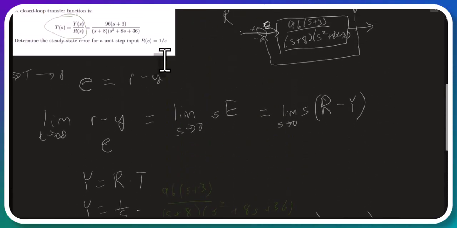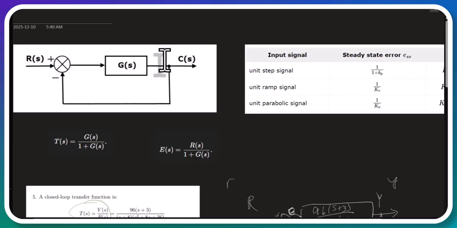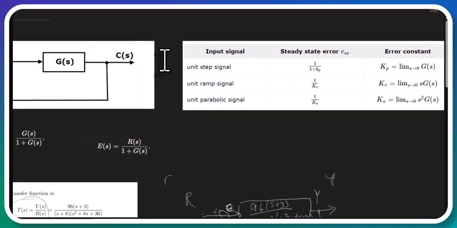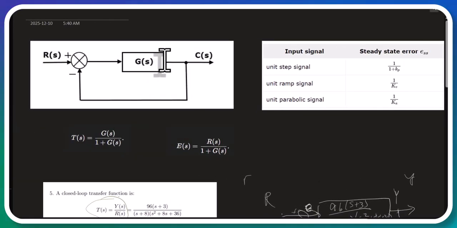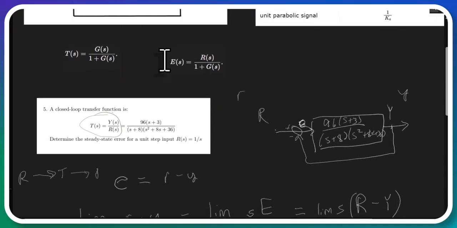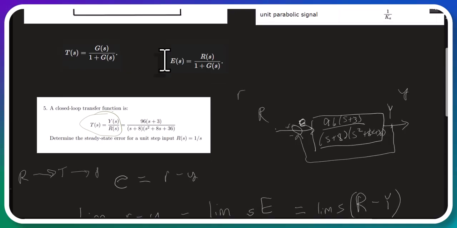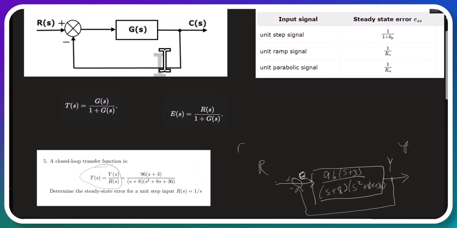So the reason why we couldn't use these formulas that we would like to use is we're not starting with a closed loop transfer function. We were starting with a closed loop transfer function, I apologize, but we were not starting with one that had unity feedback. We were just told this is a closed loop transfer function that looks like this.